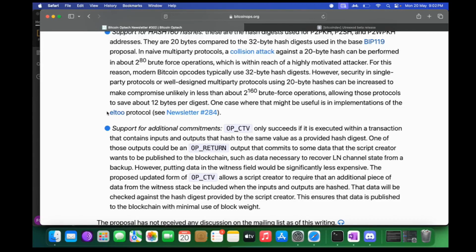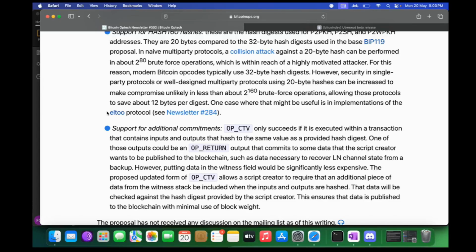Now it is also possible that somebody might lose the state of their Lightning channel. So they can put some arbitrary data in the commitment transaction that helps them recover the state. Because whenever the state is updated in the Lightning network, no information is passed on to the mainnet; that commitment transaction is not broadcasted.